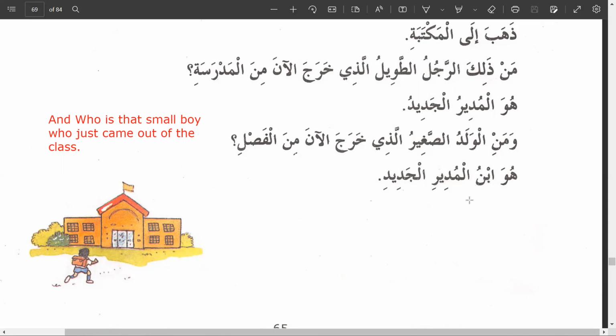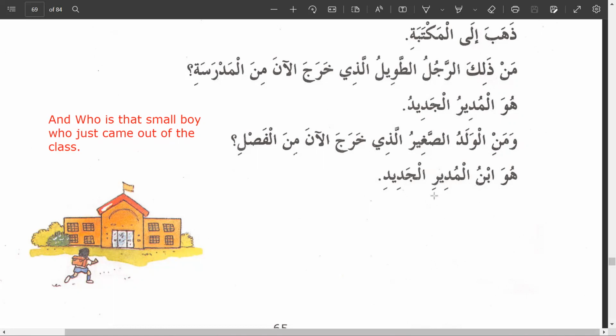Ibnu, it cannot be jar majrur. Ibnu is light or what? Is it mudaf? Mudaf ilayh?